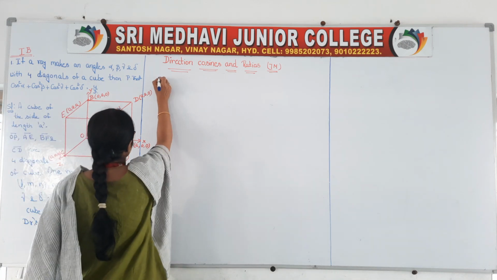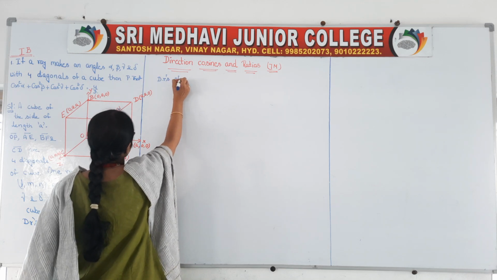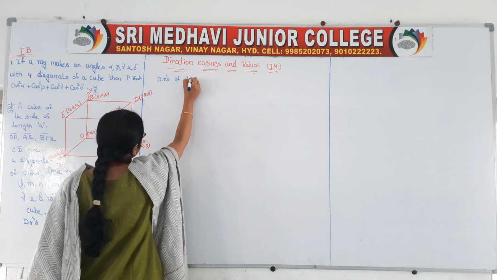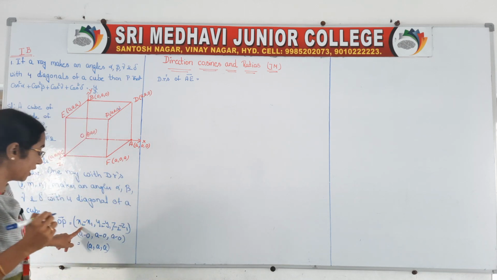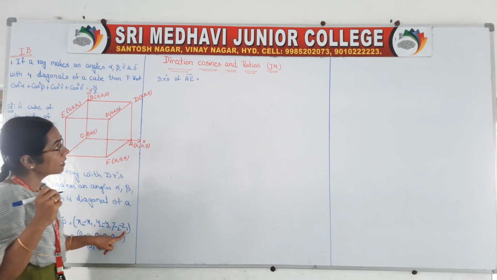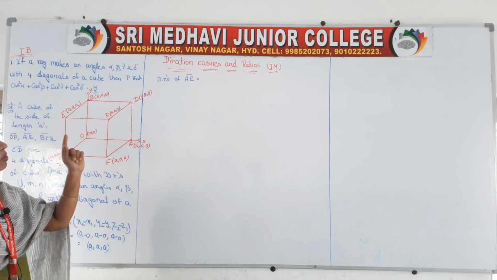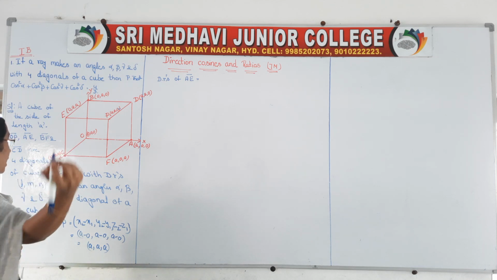Next, you find out the direction ratios of the second diagonal. What is your second diagonal? That is AE bar. So same formula, no need to write again, x2 minus x1, y2 minus y1, z2 minus z1, where x1, y1, z1 are the points of A and x2, y2, z2 are points of E, right?